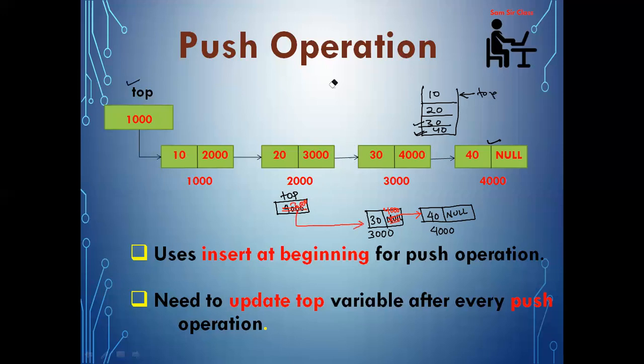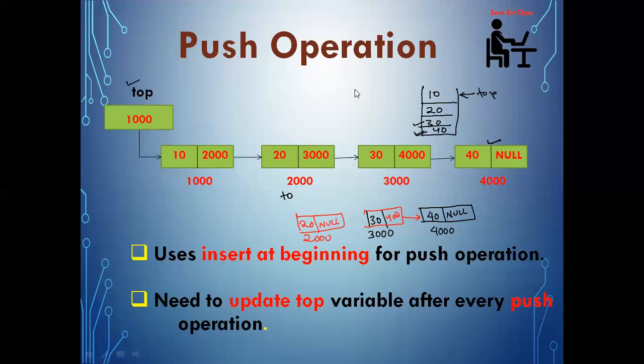Similarly, whenever I want to push the next element, first of all I have to create the node, like earlier. Suppose that is 2000, value 20 I'll keep, and then I'll keep null.